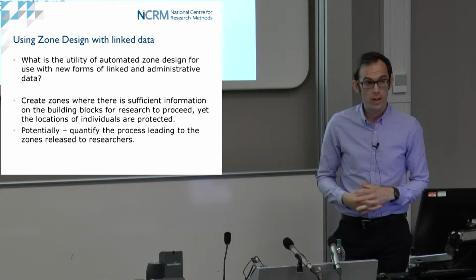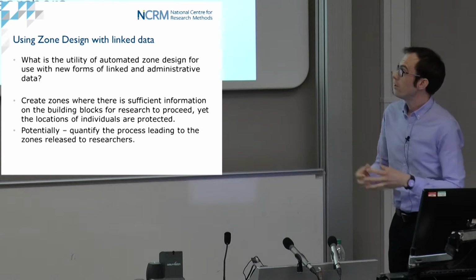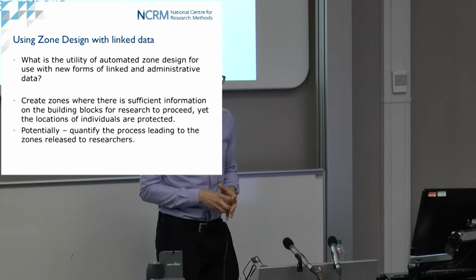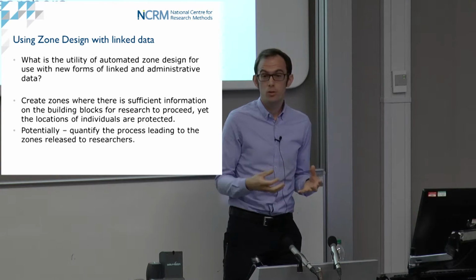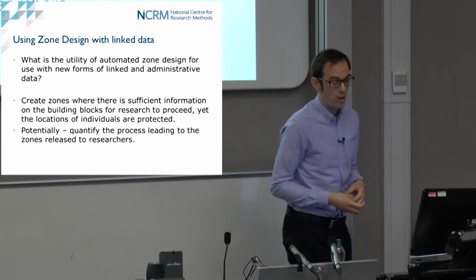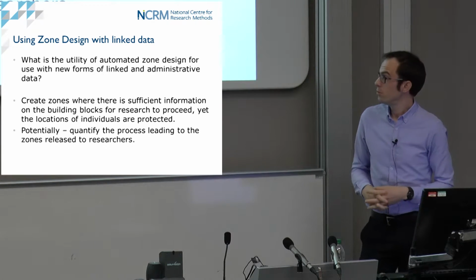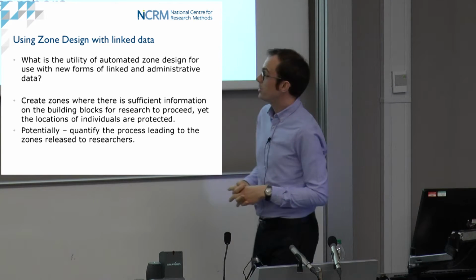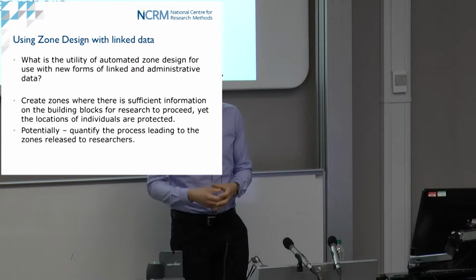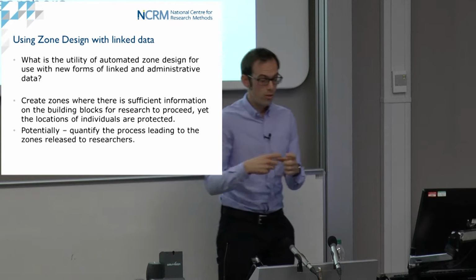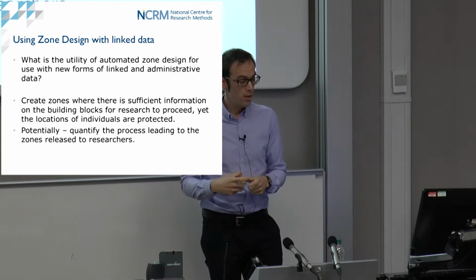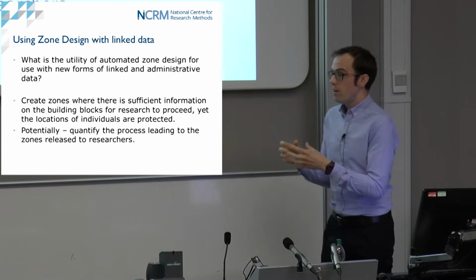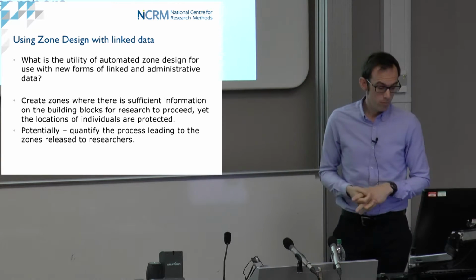So our study is looking at zone design in the context of linked data. And it's looking at what is the utility of an automated zone design approach for use with new forms of linked and administrative data. So our aims are to create a set of zones where we're providing sufficient information on the building blocks, on the geographies for research to proceed, yet we're providing the protection of the individual identities.